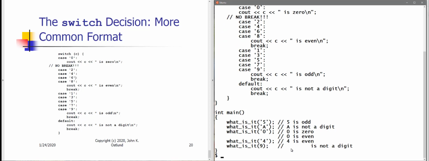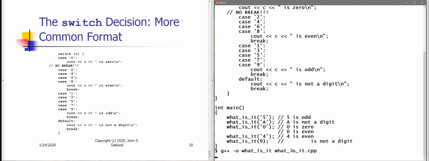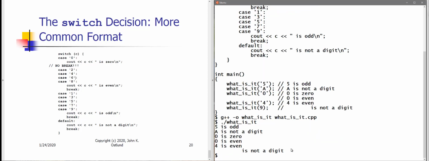And when I compile this and run it, you see that I get what I claimed. There's actually a tab character here, followed by "space is not a digit". So there's a horizontal tab being displayed right there.